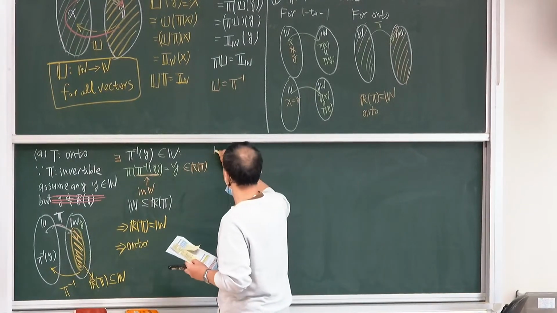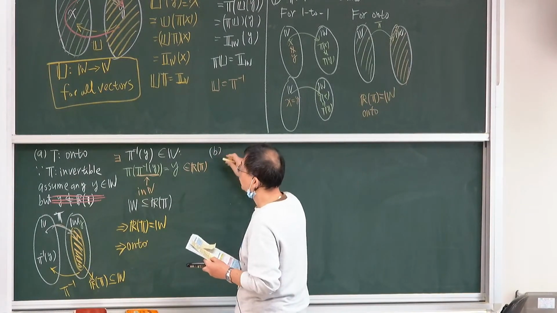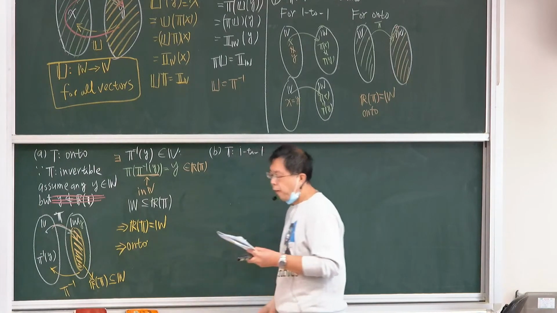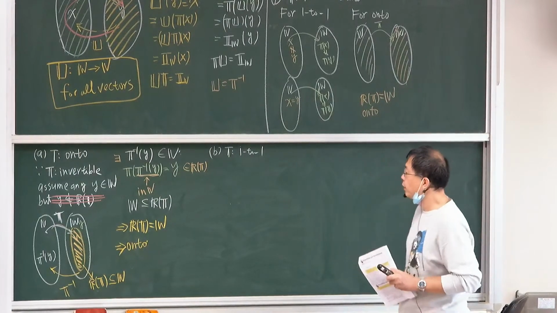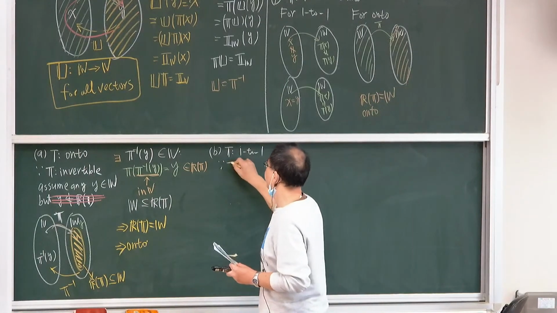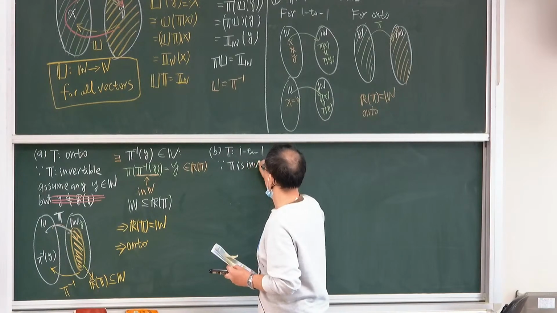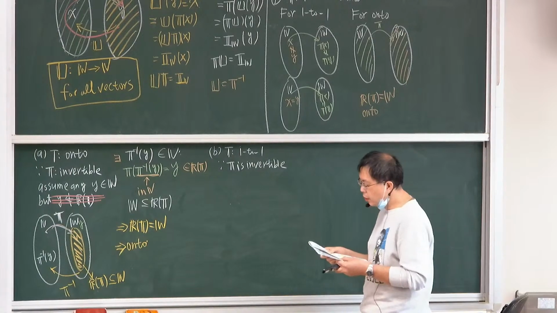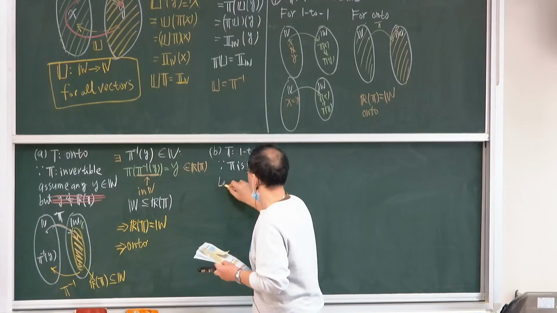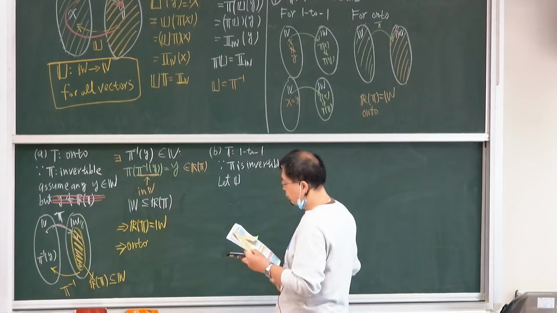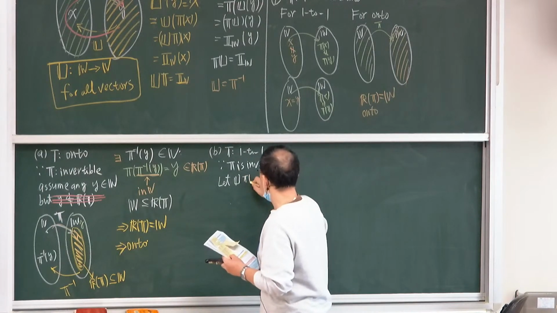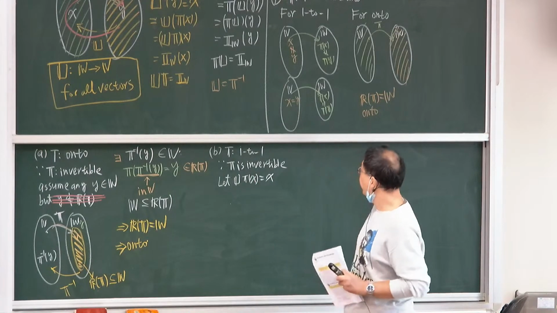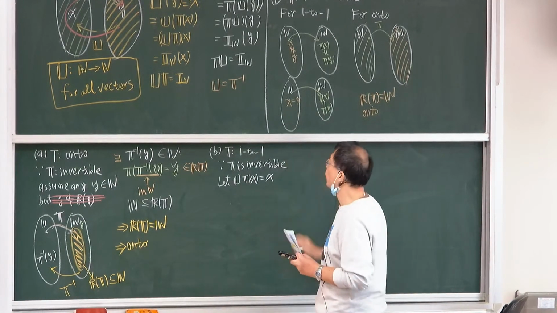And then we want to prove T is 1 to 1, because T is invertible. So we let UT sub X equal X. Right now we want to prove that it's 1 to 1.